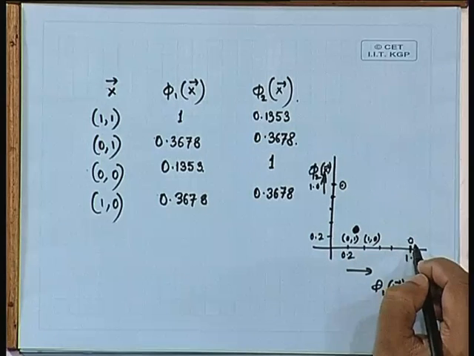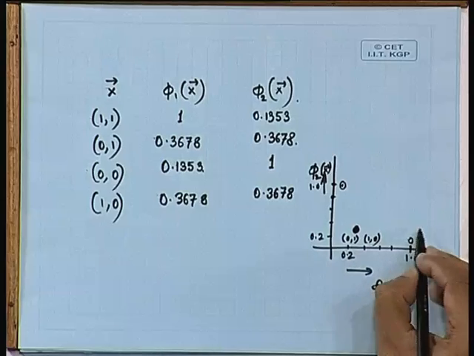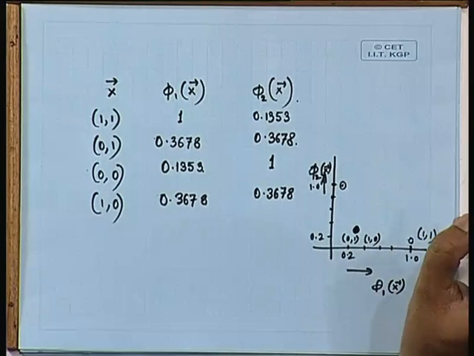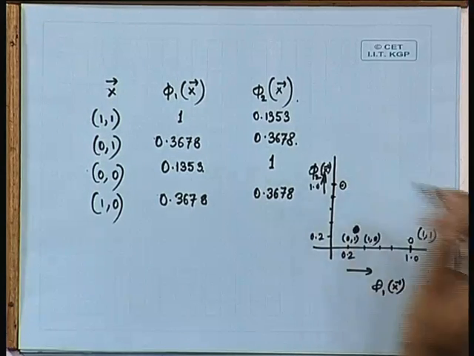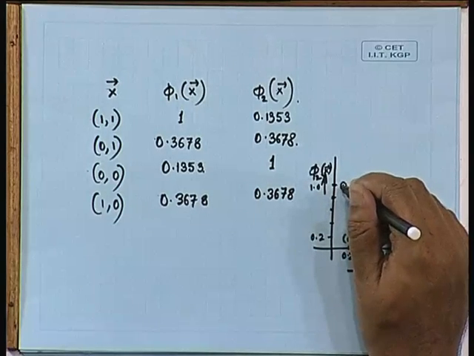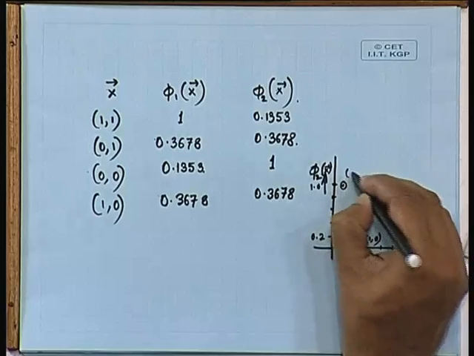So, phi 1 equal to 1 and phi 2 equal to 0.1353 would correspond to the pattern 1 1. Am I correct? Yeah. And this one will become phi 1 equal to 0.13 and phi 2 equal to 1, which will make it actually 0 0.